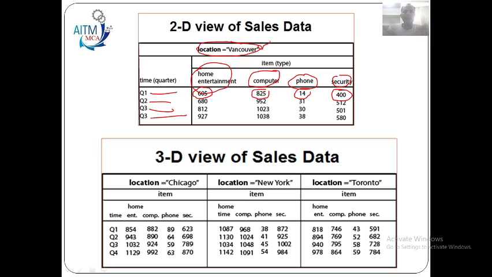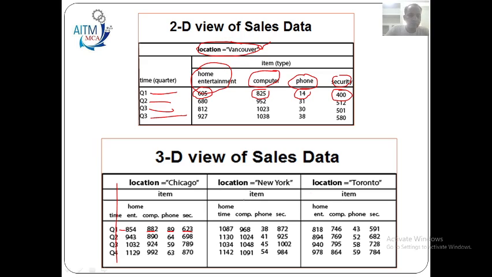Now if I have many locations, in the example below they have taken 3 locations. Here it is on a quarterly basis in Chicago. In Chicago, this is the information for home entertainment, this is for computer, this is for phone, and this is for security in the first quarter.